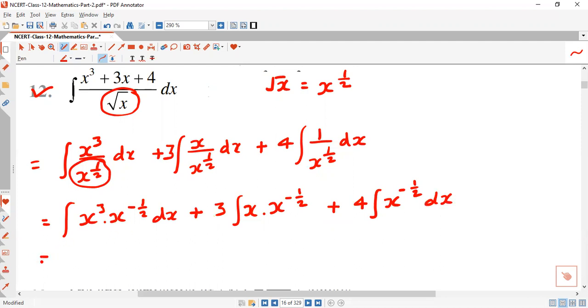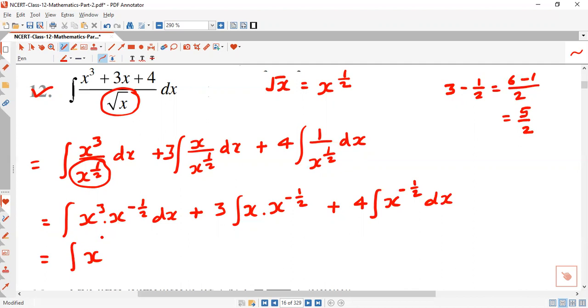Now combine these terms. We are getting x raised to 3 minus half. 3 minus half will come out as x raised to 5 by 2. I will write it here: 3 minus half, taking 2 as the LCM, 6 minus 1, comes out 5 by 2.